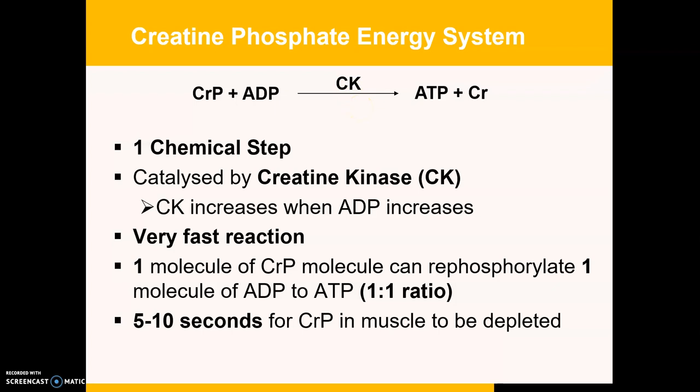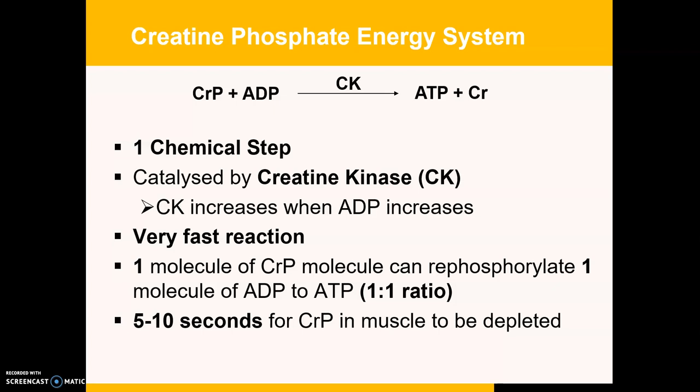If ATP concentration in a muscle cell starts to decline, the drop in ATP and the concomitant rise in ADP in cells result in an increase in the activity of creatine kinase, allowing the reactions to proceed even faster. The reaction does not depend upon the presence of oxygen.